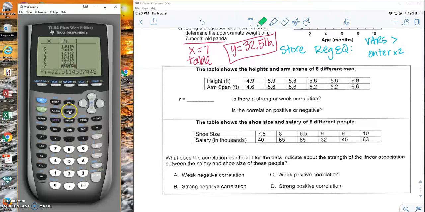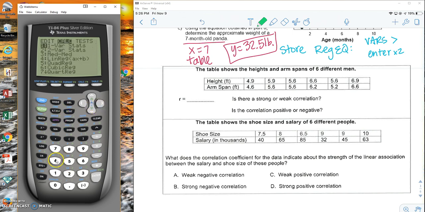So 2 more problems. We have a quick StatEdit, and they're asking for the R value, so I am going to clear these out. Remember, you can pause this if you need more time.